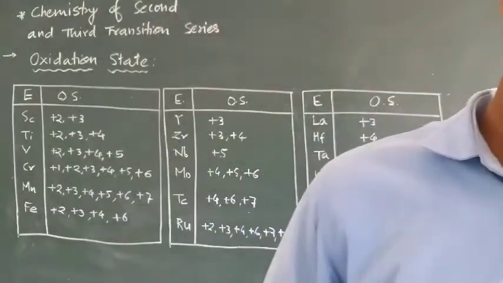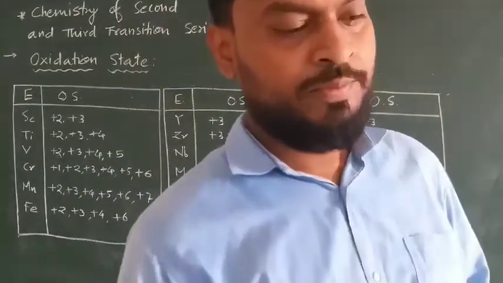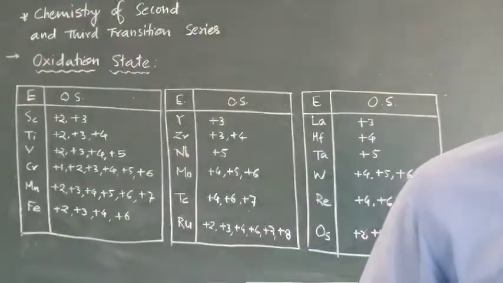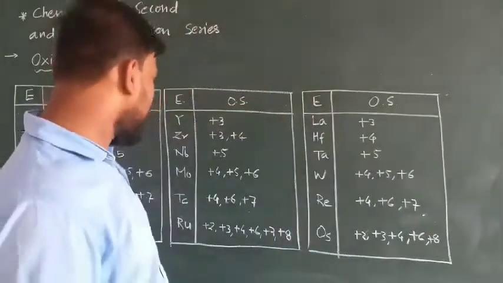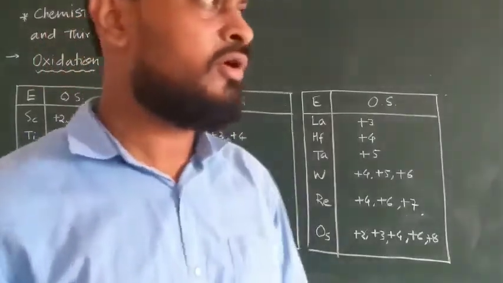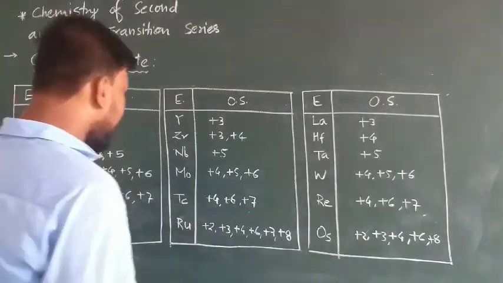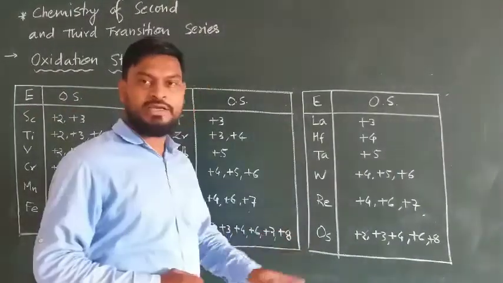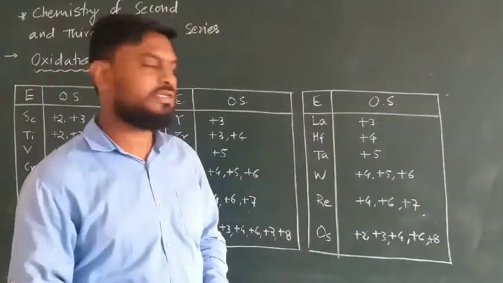Which conclusions can we make? The first point, very important, is regarding ruthenium and osmium, which I already explained. These two elements in the second and third series show the maximum oxidation state.